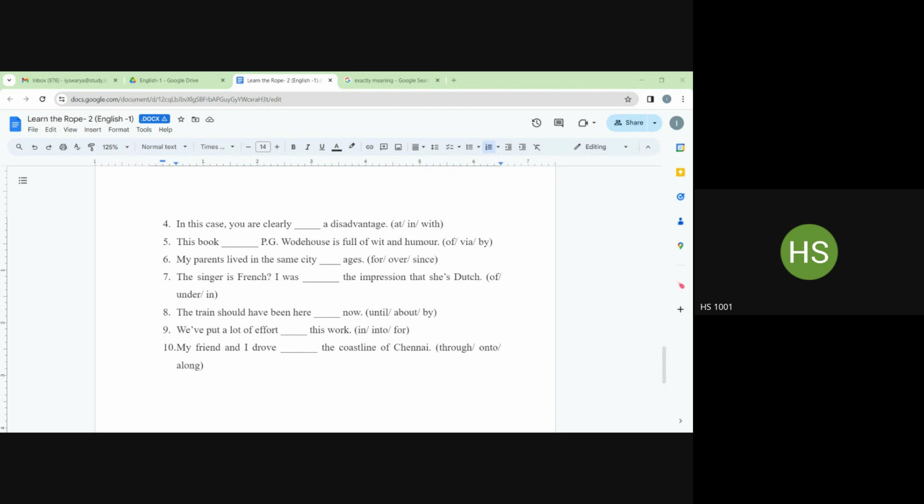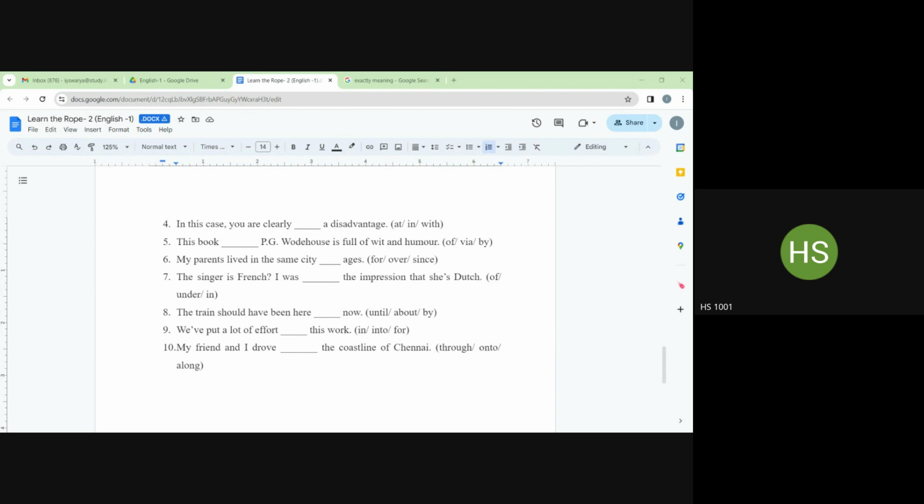If something is inside, then you say "in". "On" is for when you're placing something over a surface. So there are two different things. A table only has a surface. You cannot possibly place anything inside the table. You can place things inside the drawer, but not inside the table, right? So the prepositions you use depend on what you're trying to talk about. In this case, yes, it has to be "into this work", not "in this work".